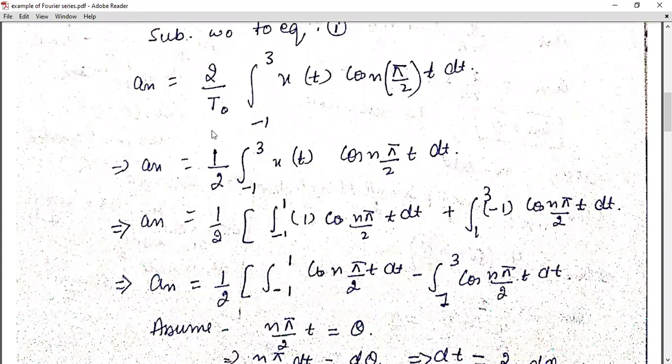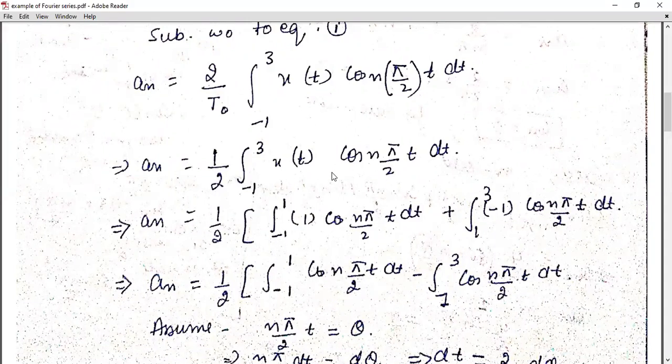In place of t naught I am substituting the time period, because the range is -1 to 3. So 3 minus -1 is equal to 4. Sorry, the time period is 4. So if we substitute t naught is equal to 4, the 2 and 4 cancel out, so the left out is 1 by 2 times the integral from -1 to 3 of x of t cos of n pi by 2 t dt.